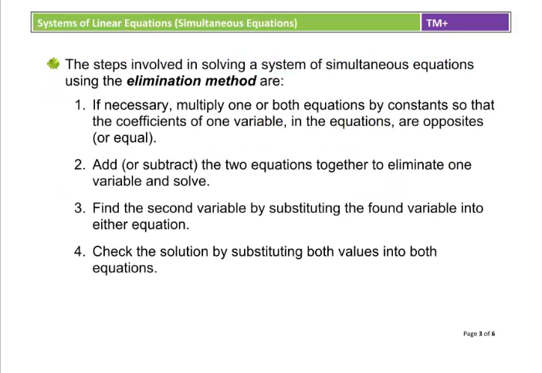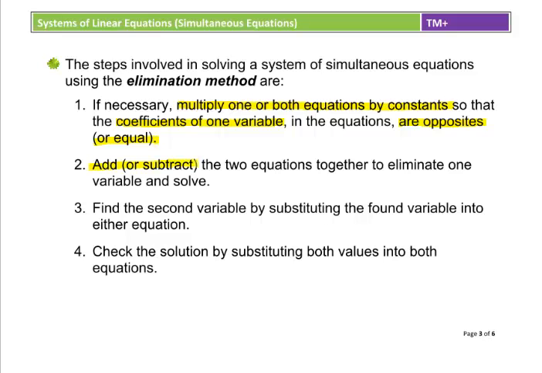The steps involved in solving a system of simultaneous equations using the elimination method are: step 1, if necessary, multiply one or both equations by constants, and you're doing that so that the coefficients of one of the variables in the equations are opposites or equal. You want them to be opposites if you're going to be adding the equations, or equal if you're going to be subtracting.